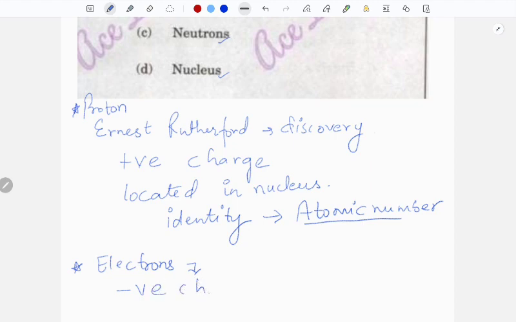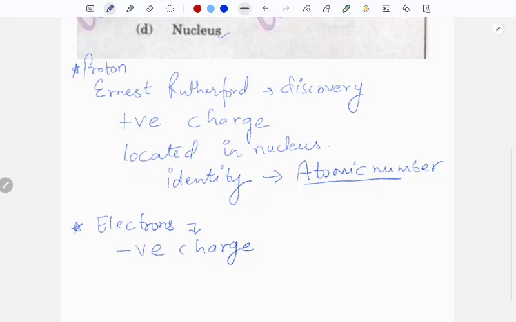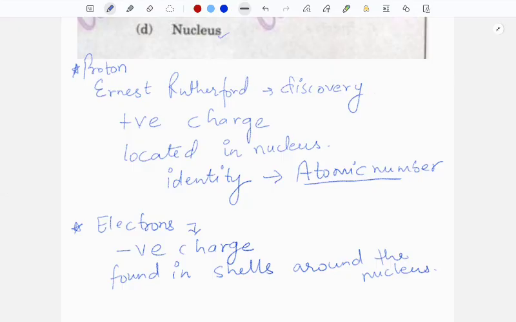It carries a negative charge, just the opposite of the proton. We have learned about the location, and that it carries negative charge. Its mass is very, very small as compared to the proton.